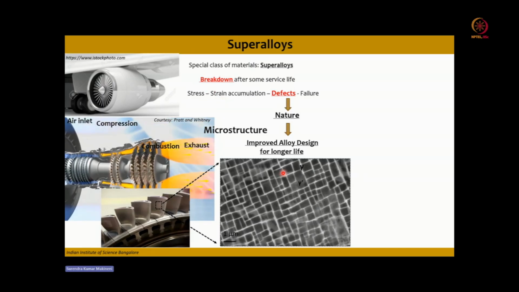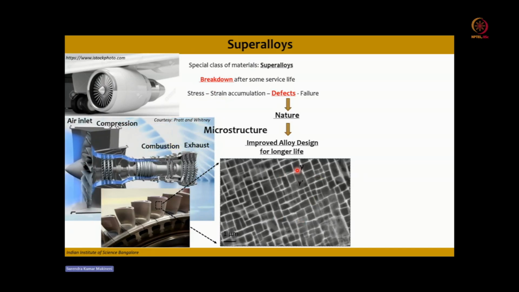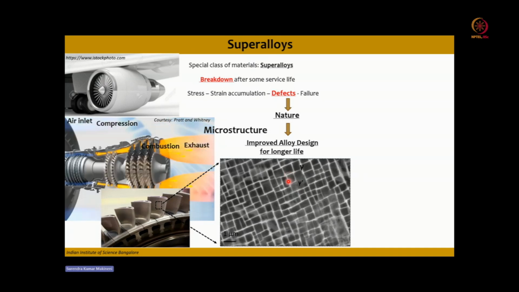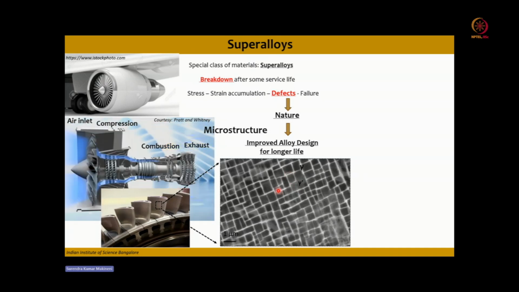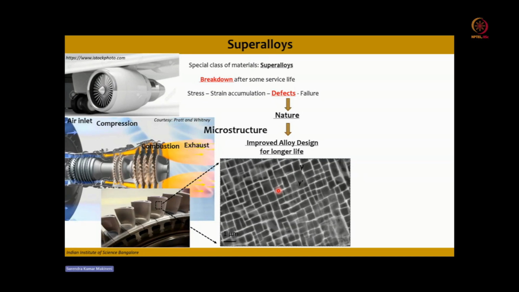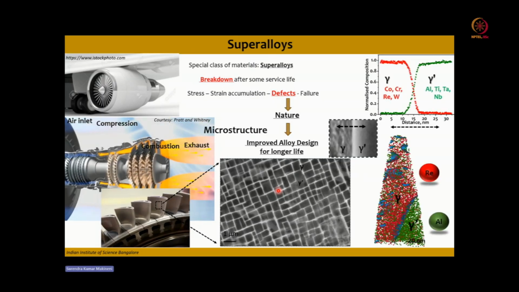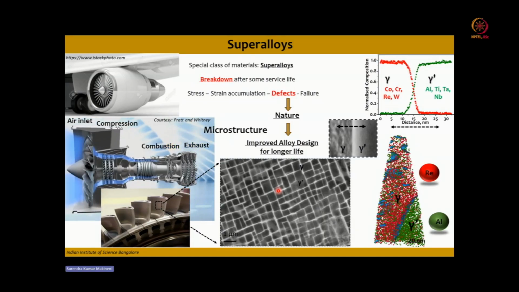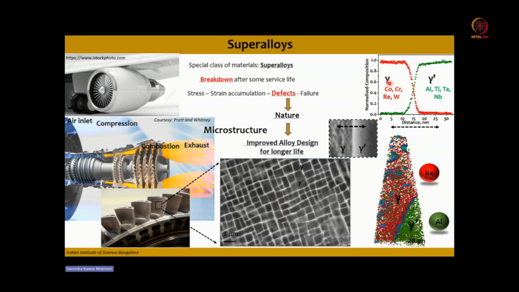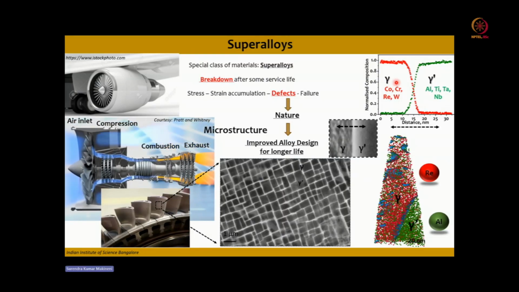Okay, so in a typical superalloy microstructure, there is a cuboidal gamma prime phase. The bright lines correspond to the gamma phase, and these gamma prime precipitates are L12 ordered precipitates. If you take a composition profile across the gamma and gamma prime, you can see that in the gamma phase there is an enrichment of cobalt, chromium, rhenium, and tungsten.